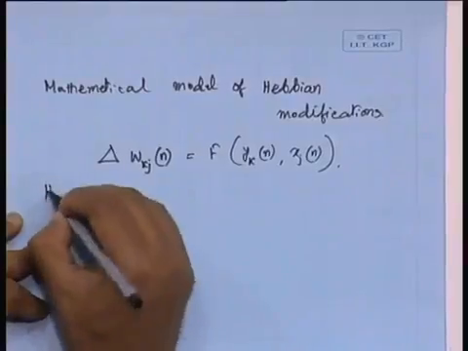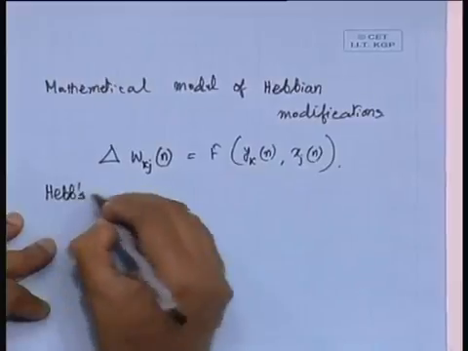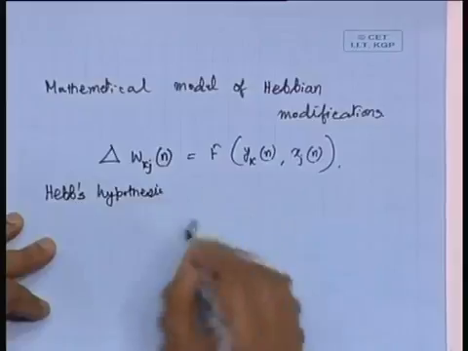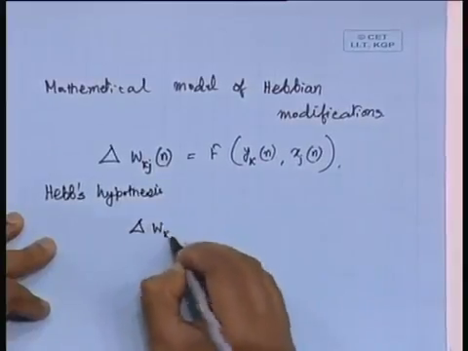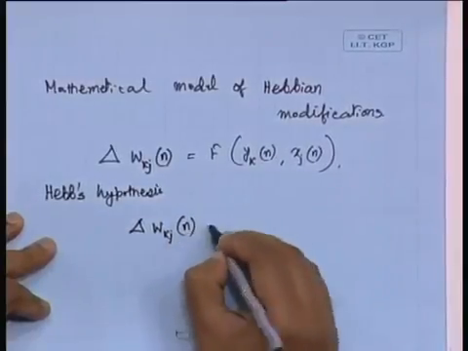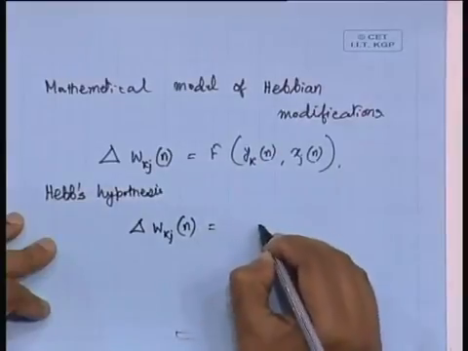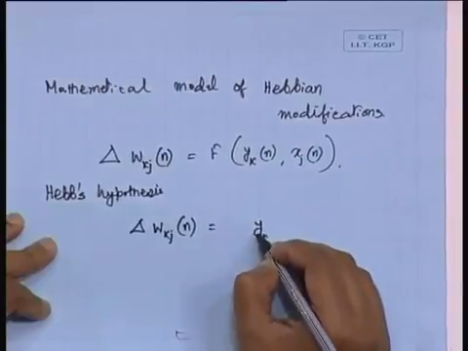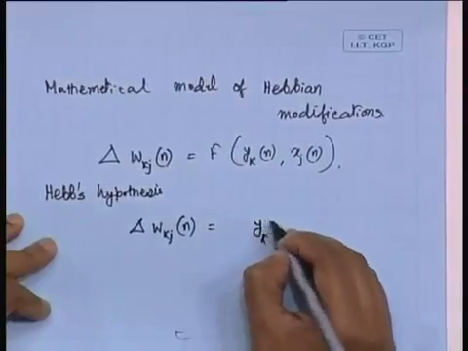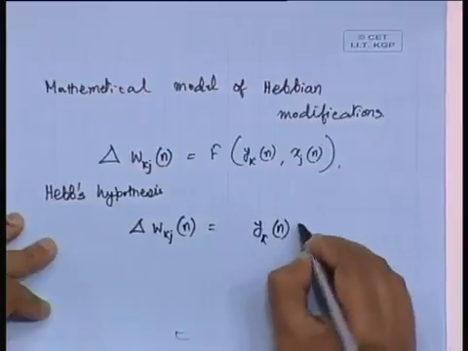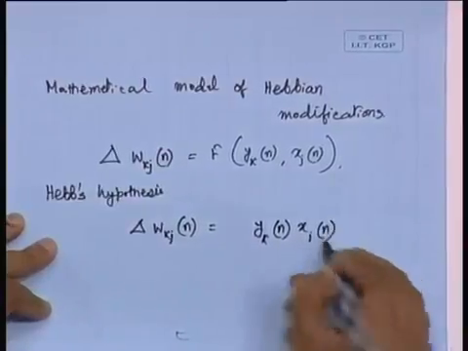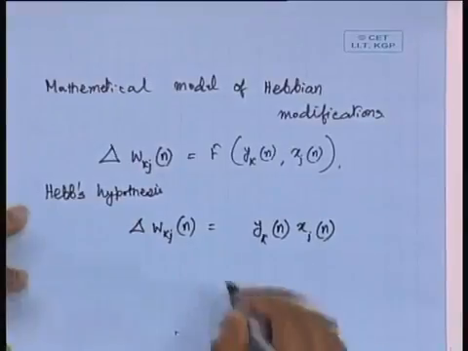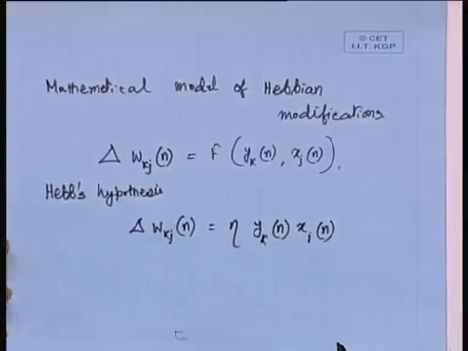Now, according to Hebb's hypothesis we can define the delta Wkj at the time step n as the product of the postsynaptic and the presynaptic signals, which means Yk(n) times Xj(n), not exactly a product, but the product multiplied by the learning rate.